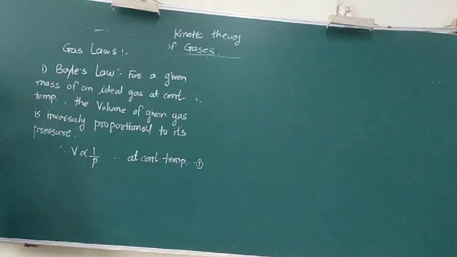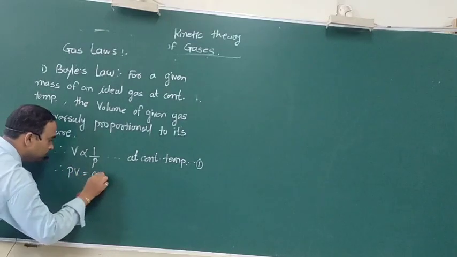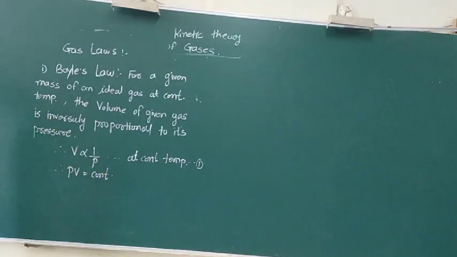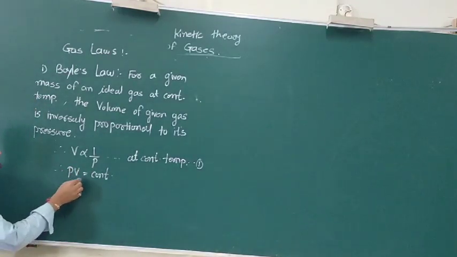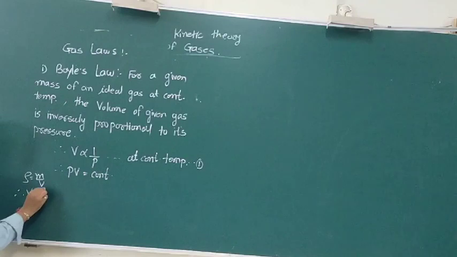So therefore PV is equal to constant. Now see, by using the formula for density is equal to mass upon volume, therefore volume is equal to mass upon density.